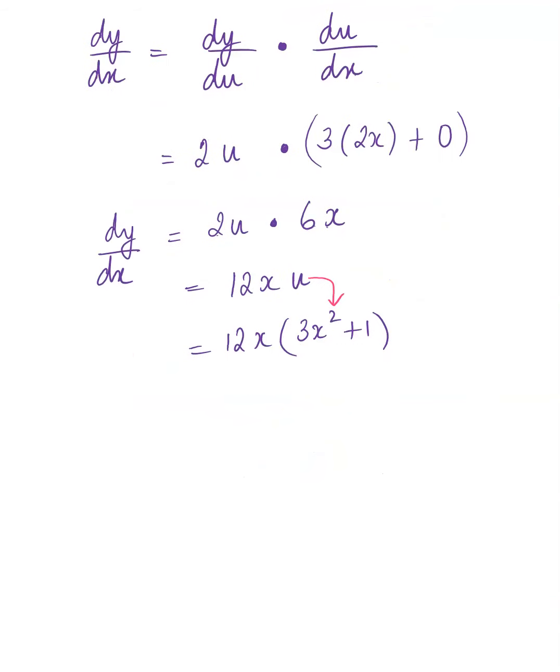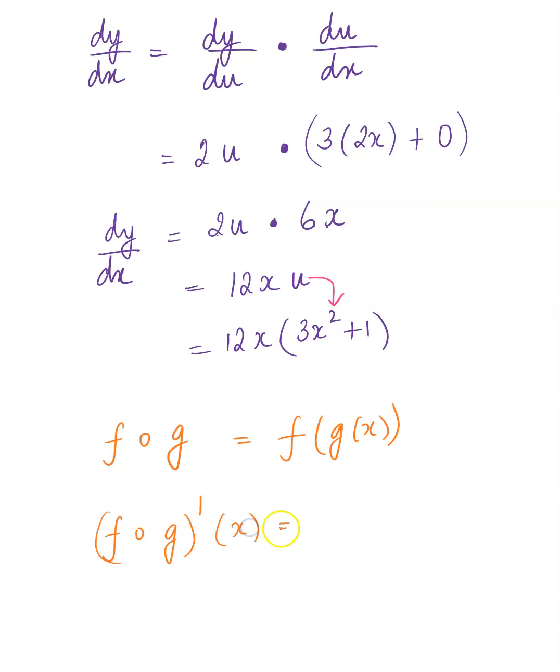Now the other notation that we can give this is going back to the f circle g notation, which is basically f of g of x. So if I wanted to do the f circle g prime, the derivative of this, that will be f prime of g of x times g prime of x.